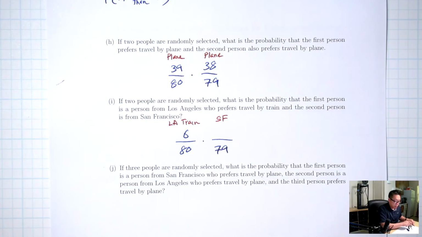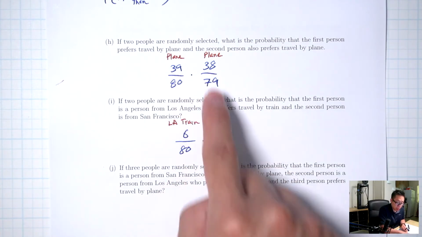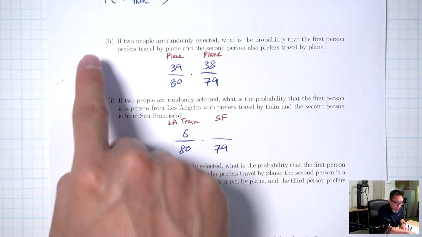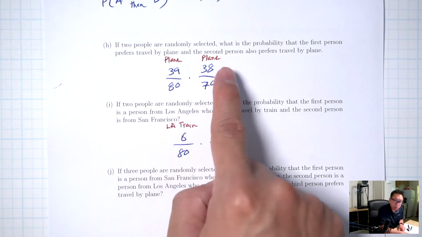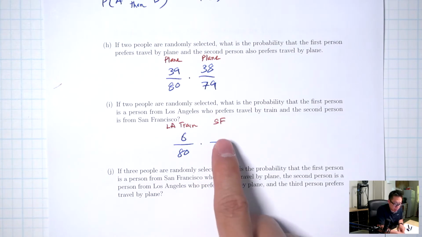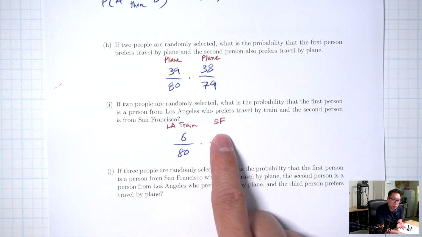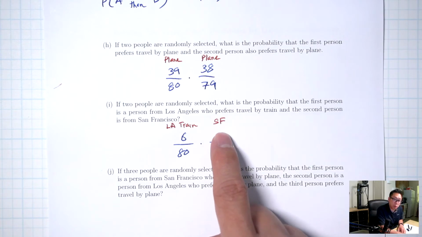Now, is it 24 or do we have to reduce it by 1 like in part H to 23? In part H, the reason I had to reduce is because I used a plane person in the first slot. But here, I haven't used any San Francisco people yet. The first slot was LA train. So I don't have to reduce it by 1, and I should have the full 24.